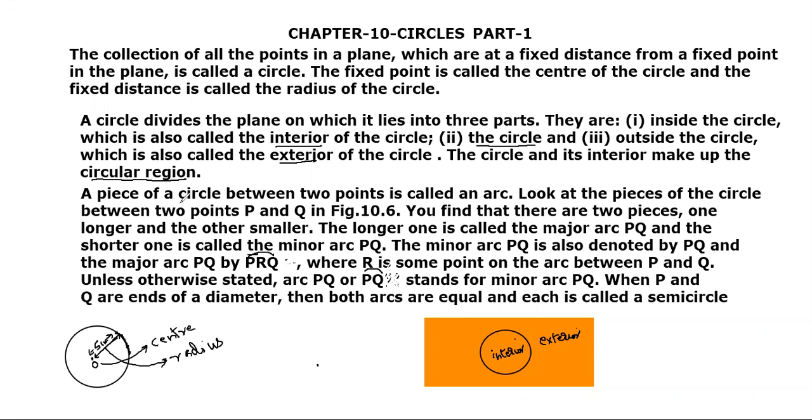Now, a piece of a circle between 2 points is called an arc.